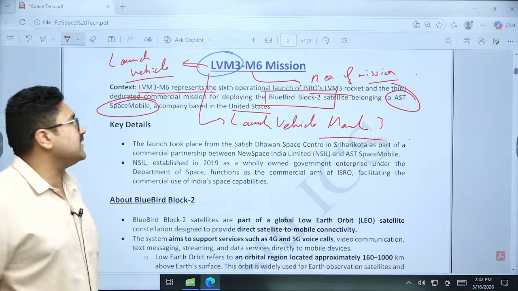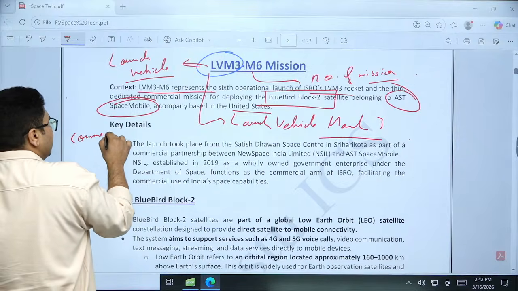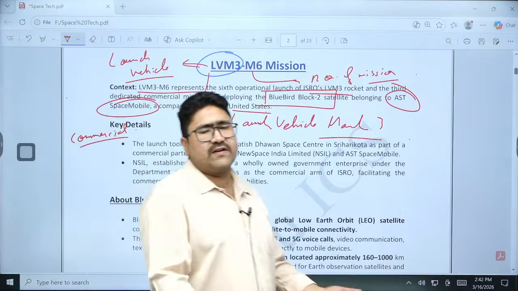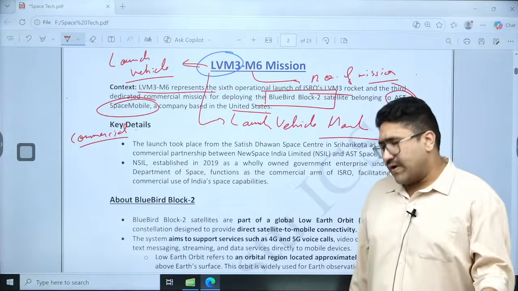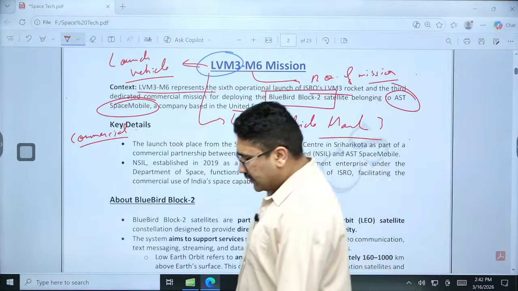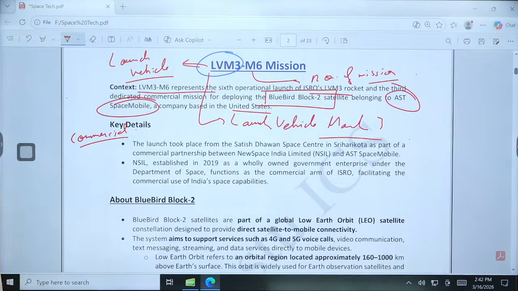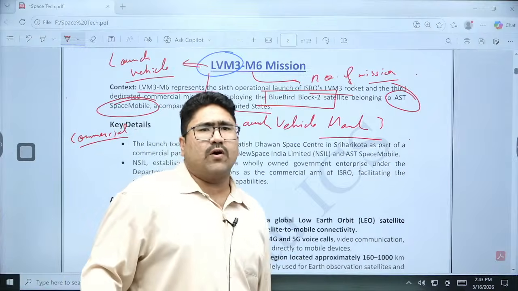India provides this commercial service to the Americans. The manufacturing of the satellite is done by America, but the launching is done by India. So if America does not want to launch by itself, it can just rent the service of India.